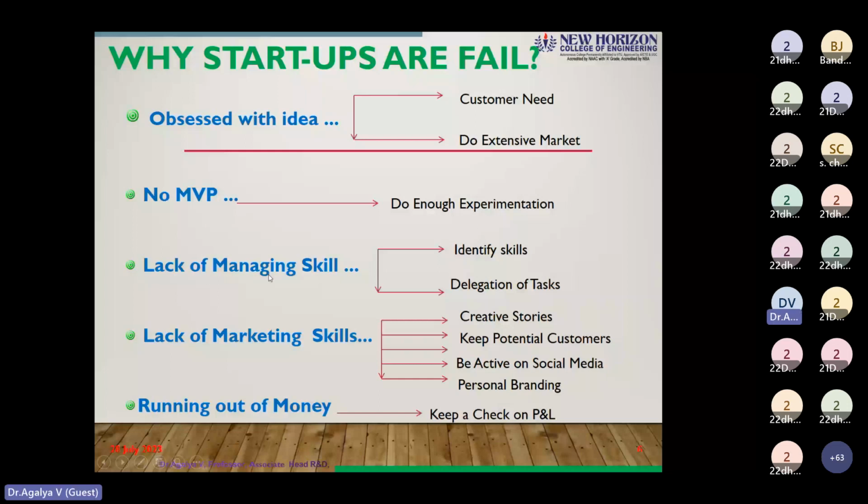And the next is lack of marketing skills. Marketing skills means your team is ready, your product is ready, then how do we reach out to the customers? Either on digital platforms, Amazon, Flipkart, Google, and whatever social media platforms there are nowadays. You people are very much aware that when you post on different social media, it immediately reaches individuals.